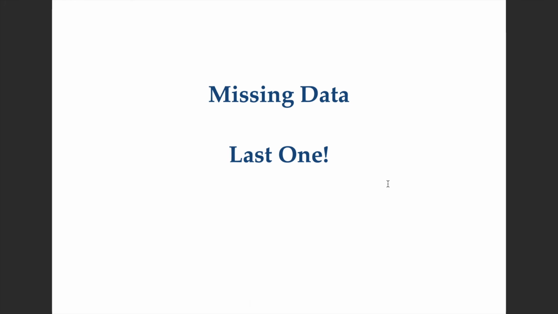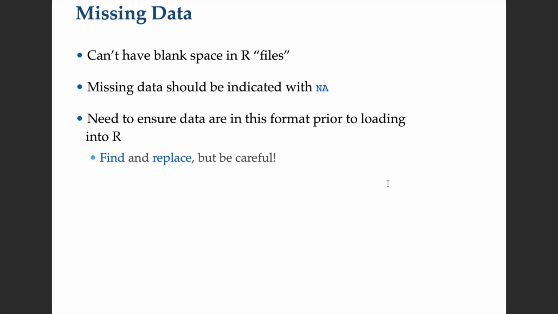Okay, one last thing when dealing with R is missing data. R does not like missing data, and so you can't have blank spaces in R files. Instead, missing data should be indicated with NA, so not a backslash in here, just the letters capital NA. And so you need to ensure that your data are in this format prior to loading them into R, otherwise you're going to have problems.